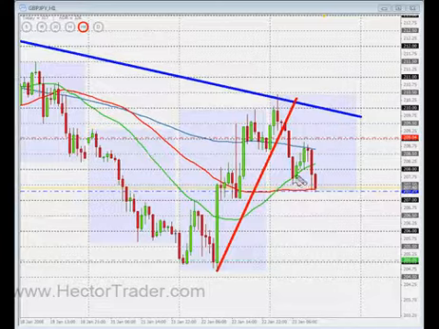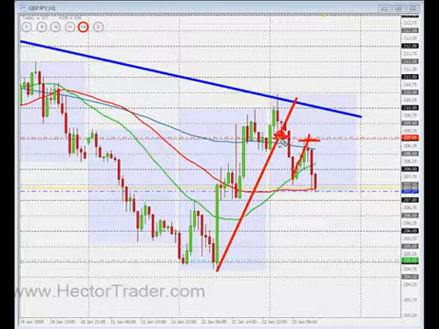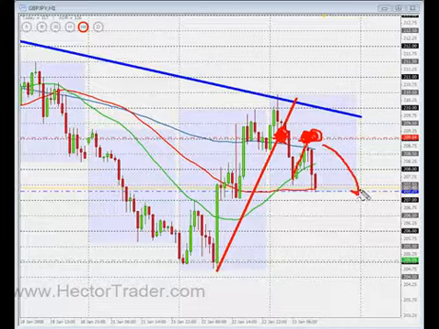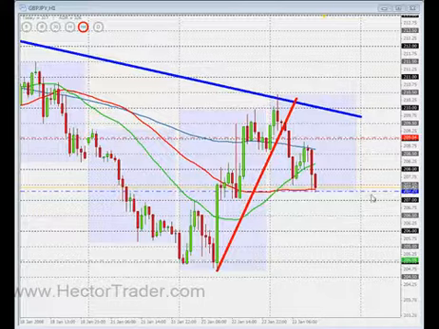From that, we've seen the pullback back to retest the breakout levels. Okay, breakout levels being retested from below, and from that we've gone through the continuation part of any breakout pullback continuation pattern. This is effectively a 1, 2, 3 reversal formation.